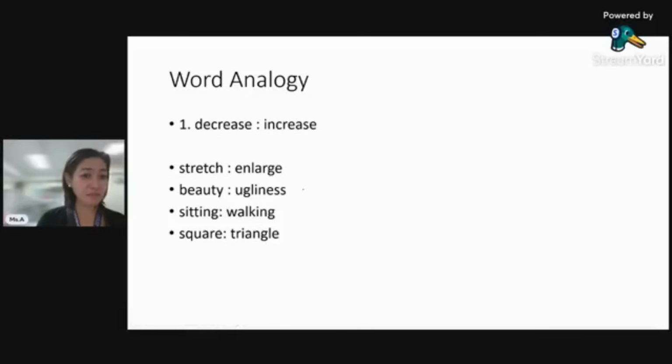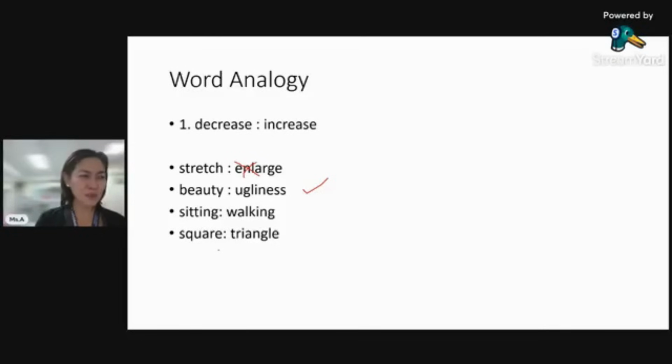Okay, mukhang pwede to, no? Pero ito syempre, hindi na kasi po ito ay synonymous with each other. So, sitting and walking. Sitting is nakaupo ka. What about walking? So, hindi siya synonymous, no? Both of them are verb. Hindi siya synonymous. Hindi rin po siya opposite with each other.